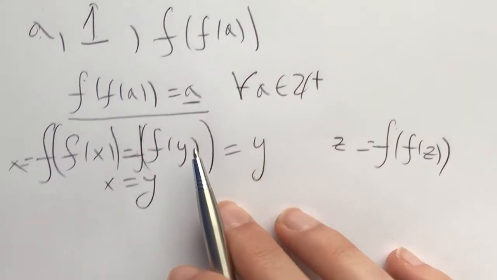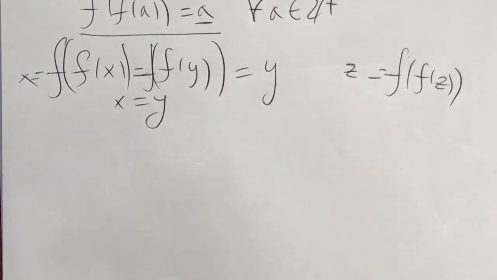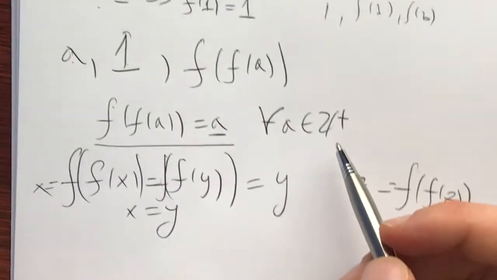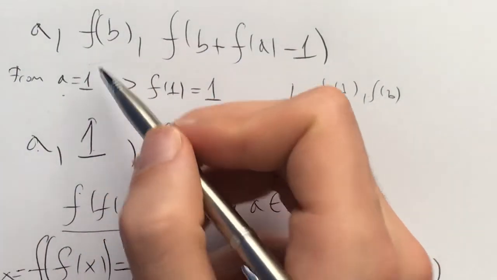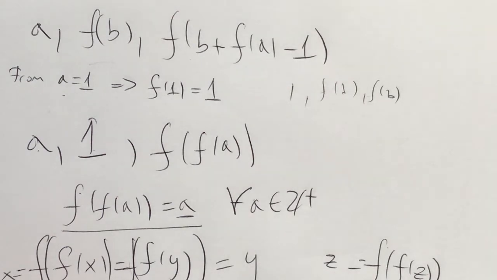Now why that is important is because our hunch earlier was that f of n equaling n is the only solution. Now proving a bijection could lead us one step closer to that. We don't know, it could be useful, but we know that we can get any single n out of f. So if we want f of b to be equal to, say, 2, we can get that.